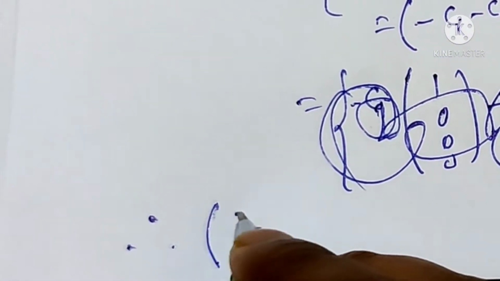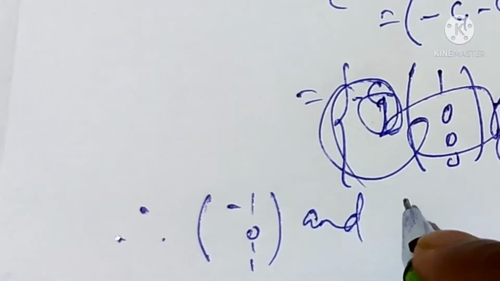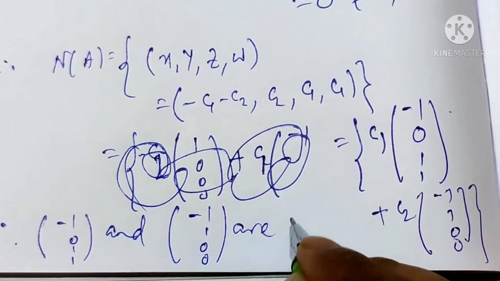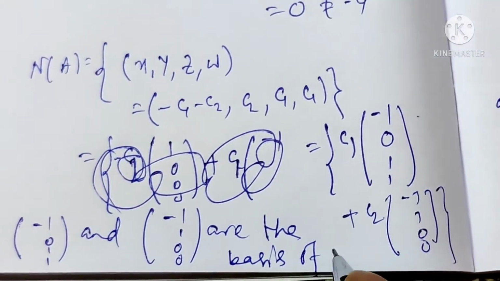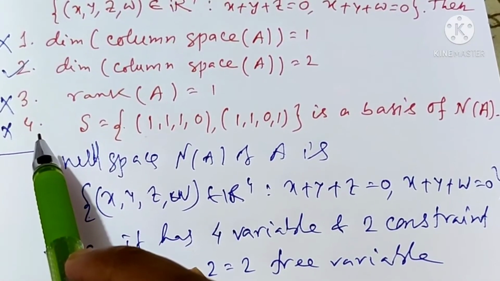Therefore (minus 1, 0, 1, 1) and (minus 1, 1, 0, 0) are the basis of null space of A. Hence option 4 is false.